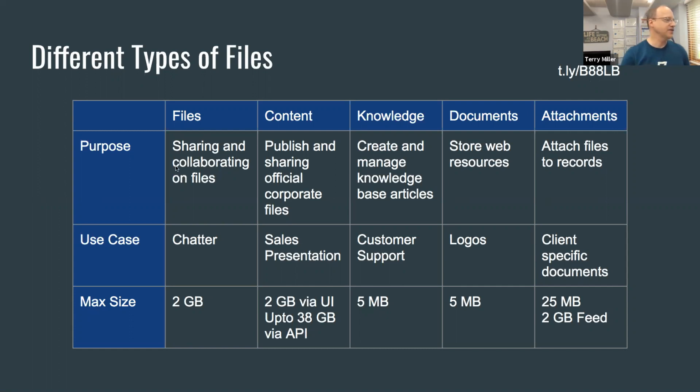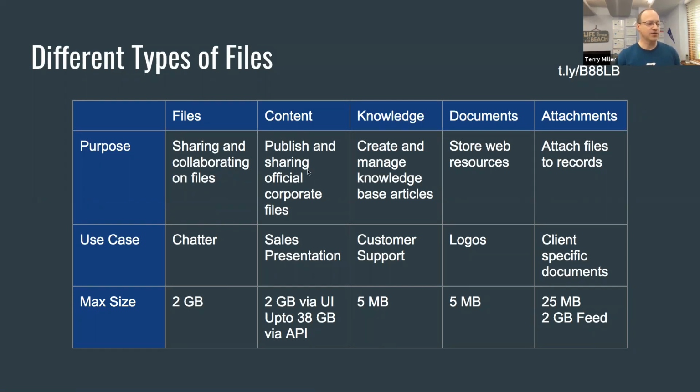So with files, files is for sharing and collaboration on files. Content would be publishing and sharing corporate type information. So maybe I have things like sales presentations, and I want to be able to manage those through a draft and publish them once I am ready for them to be shared broadly.